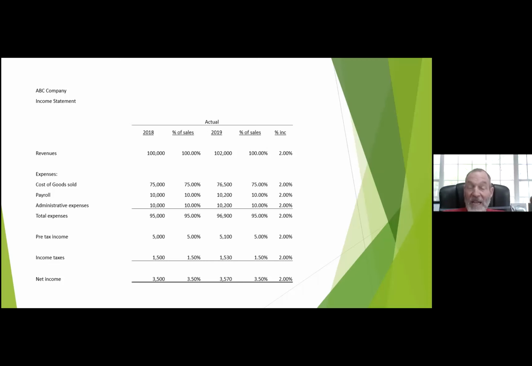So the percentage to sales, you think about your particular business: what are the drivers, here's the revenues that I'm going to earn, what does the expense structure look like, and is there any kind of correlation that I could utilize for the future in determining what I can estimate in terms of expenses and balance sheet items as a result of what my forecasted sales are going to be.